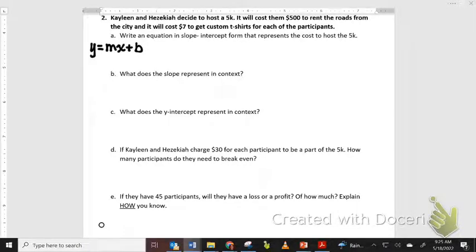Which pieces will we replace with numbers? M and b. What does M represent? The 7. M is the slope. This is our rate of change.